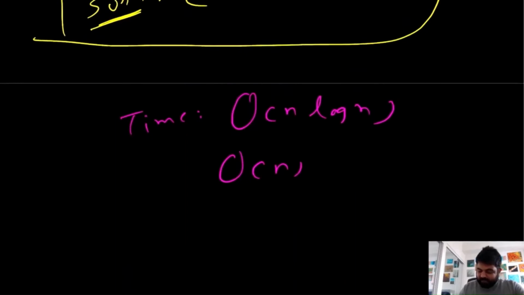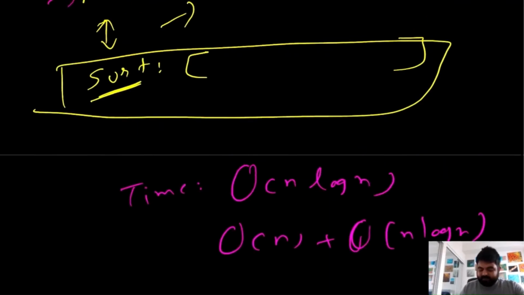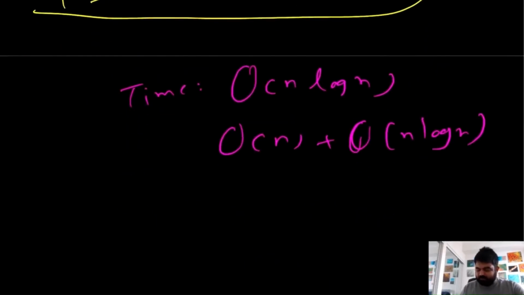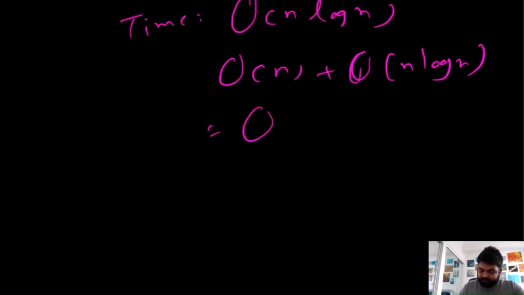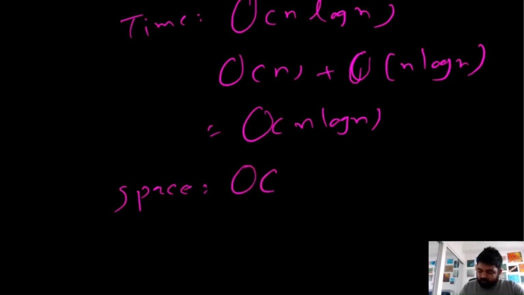So that takes big O of n time, plus it takes big O of n log n time to sort the given list. So overall we will write it as big O of n log n. And in terms of space complexity, it is going to be big O of n, because we need additional space to store all the nodes in the merge list before we sort it.